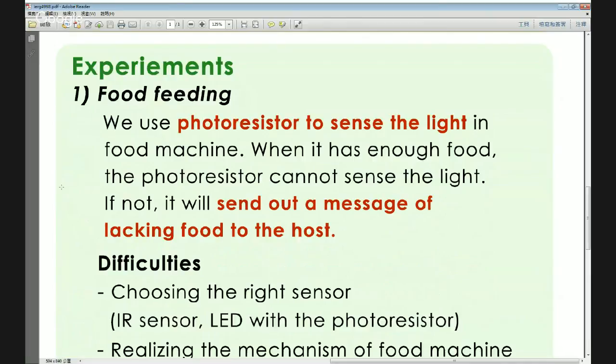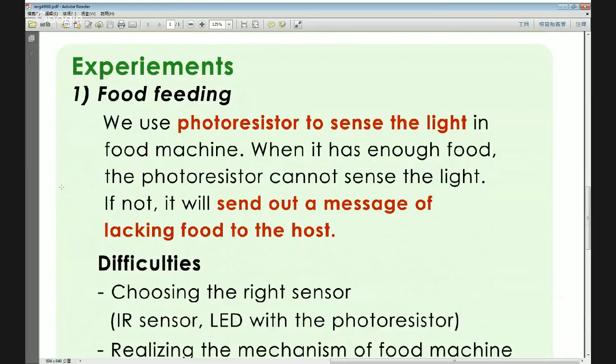First, for the implementation of food feeding, we need an LED light bulb or a TOF sensor, and we will install it into the machine in the next semester, as we need to do several experiments to decide the best position of the light bulb in the machine.